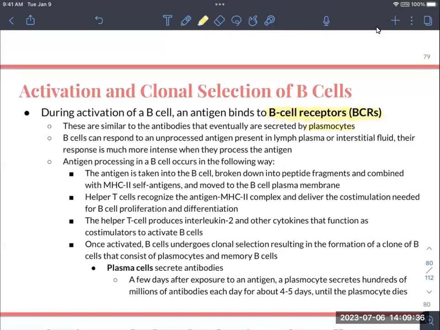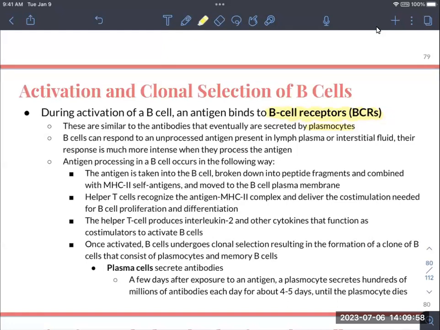So with these antigen processing B cells, the antigen is taken inside of that B cell. It is broken down into fragments, combined with MHC2, and moved to the plasma membrane.